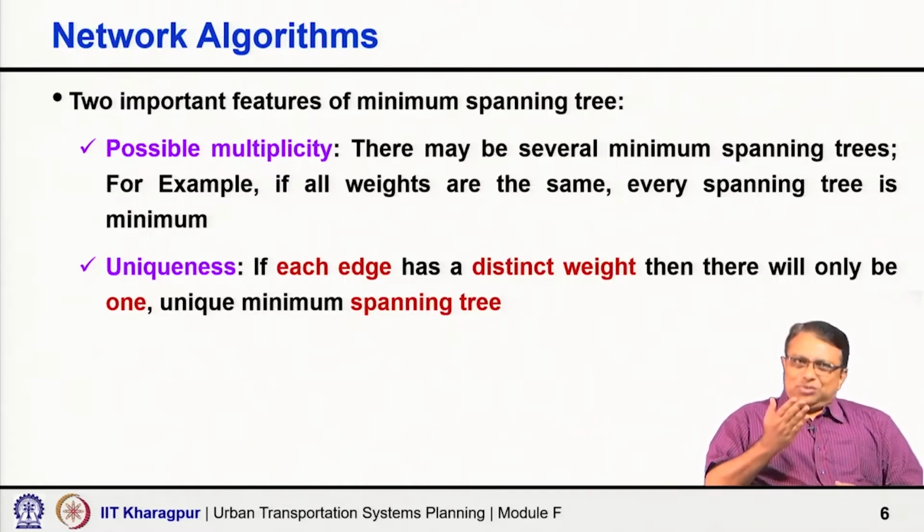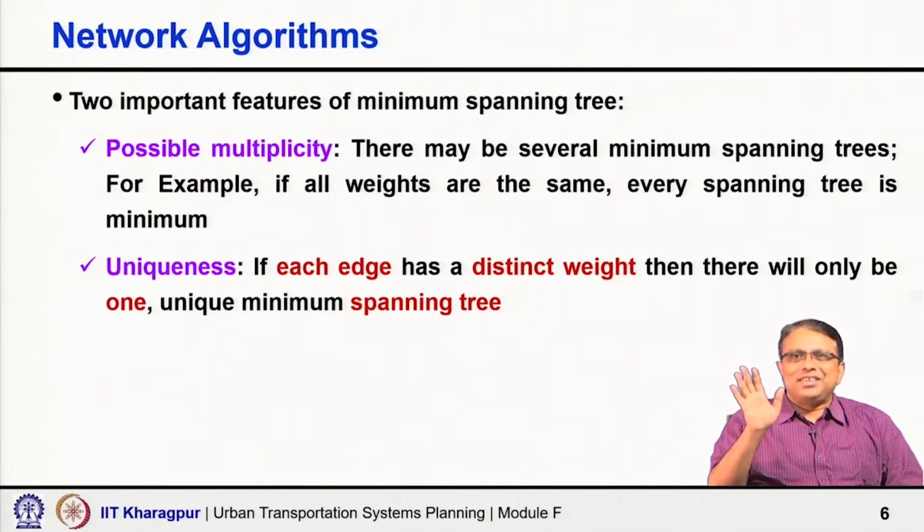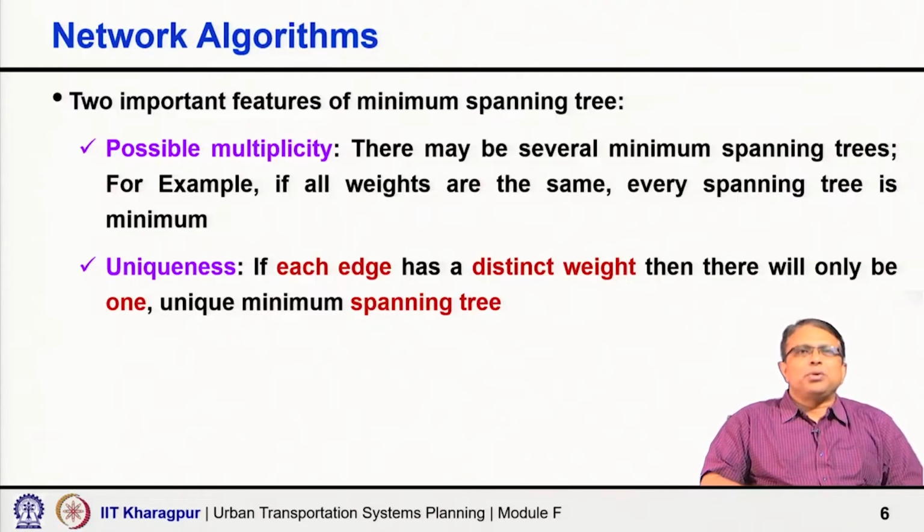So, the way that it gets developed is again very interesting. So, two important features. First step is again getting the minimum spanning tree, but that is the basic minimum requirement. If people have to live, they should be able to travel from any point to any point using all weather motorable roads. That is the first objective, and that we can achieve using a minimum spanning tree. Now, there are two important features of the minimum spanning tree. One is the possible multiplicity.